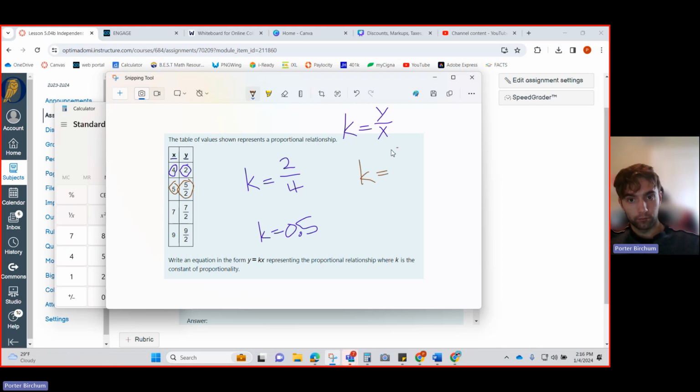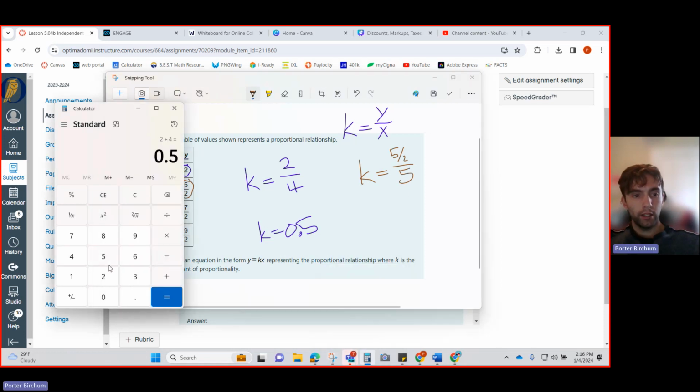If you chose to do one of these relationships with the fractions, you can still use the same strategy. K would be 5/2 divided by 5. What is 5/2? Oh, 2.5. 5/2 is the same as having 2.5 of something.